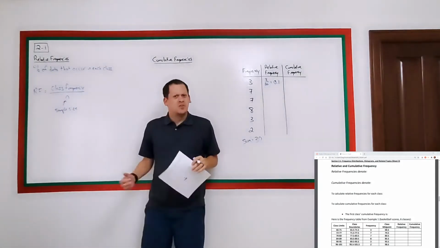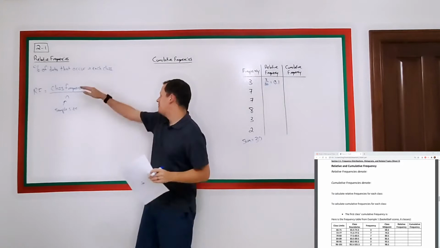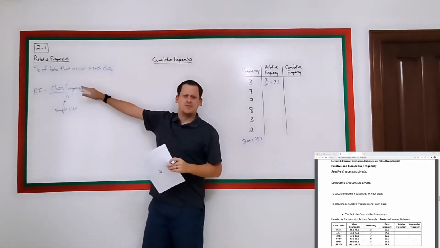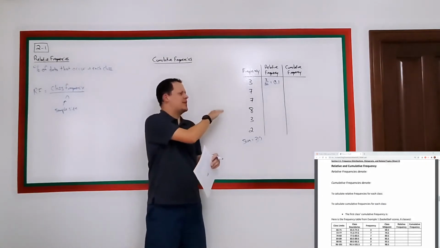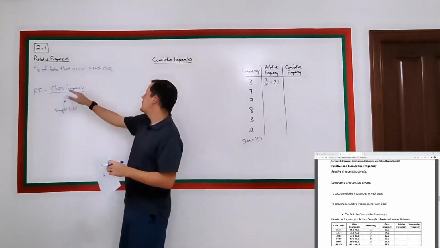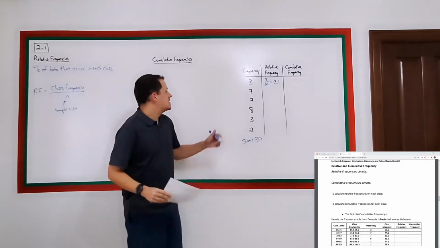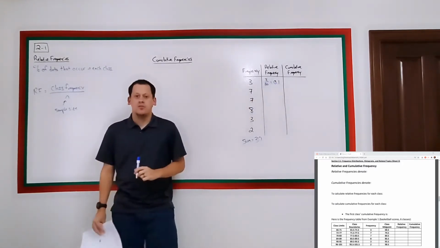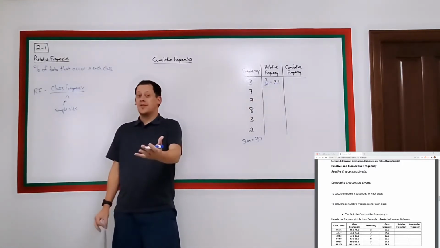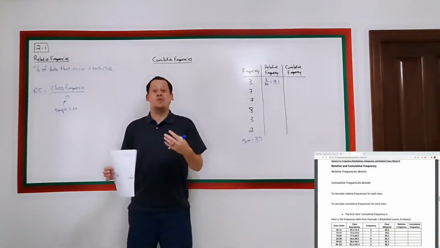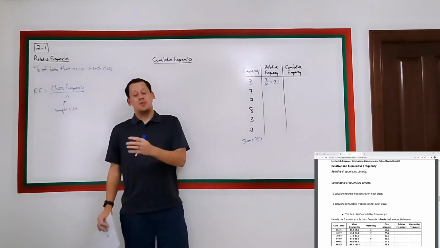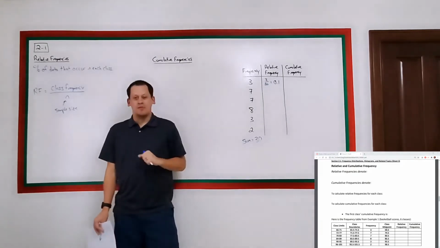We statisticians don't really have notation for a particular class's frequency. I guess we could call it N1, N2, N3, N4, but that might be confusing. So just take the class frequency over the sample size, and that will give you your relative frequency for each class. So what I would encourage you to do, go ahead and calculate the rest of the relative frequencies if you haven't done so already. Turn them into decimals, complete that column of the frequency table.